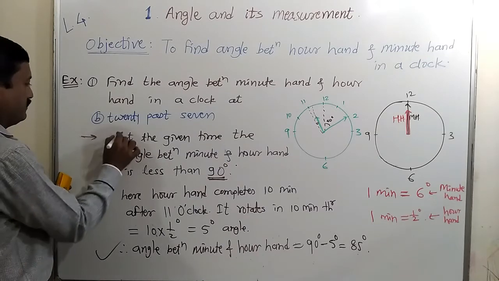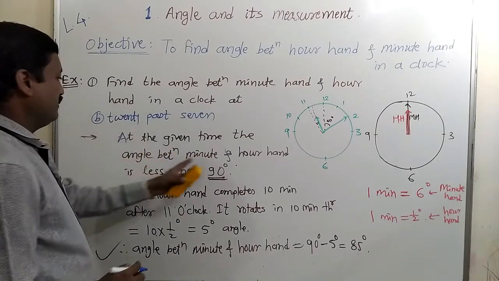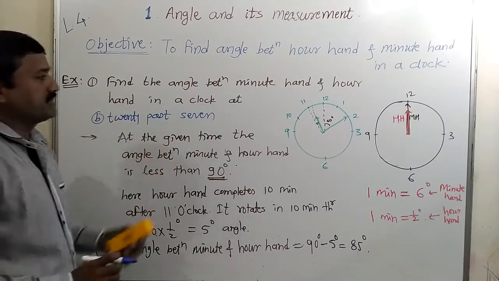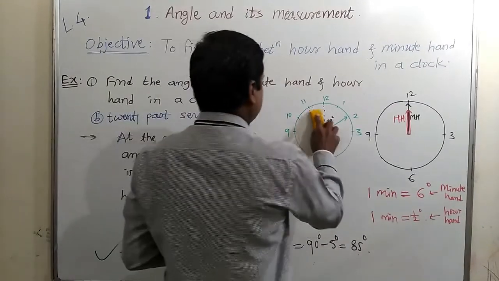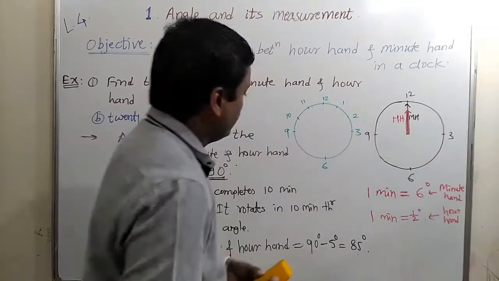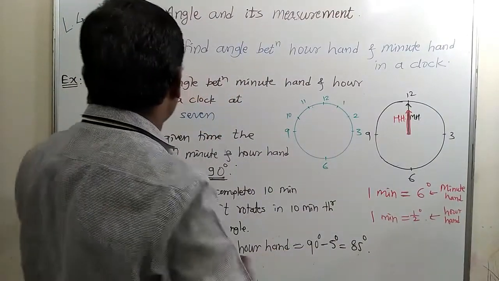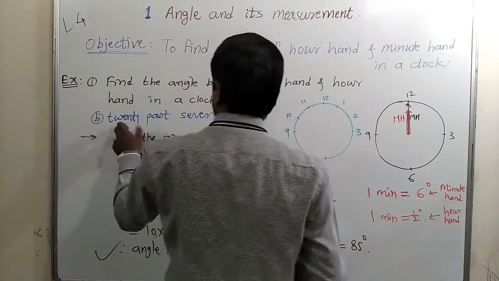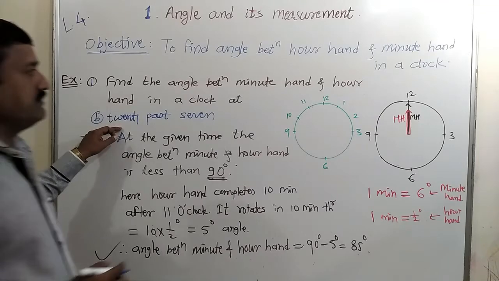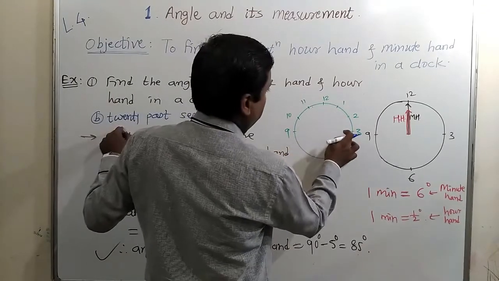At the given time, the angle between minute and hour hand is, let us first draw the figure for 20 past 7. So 20 past means the minute hand will be at 20 minutes. 20 minutes means again 5, 10, 15, 20.